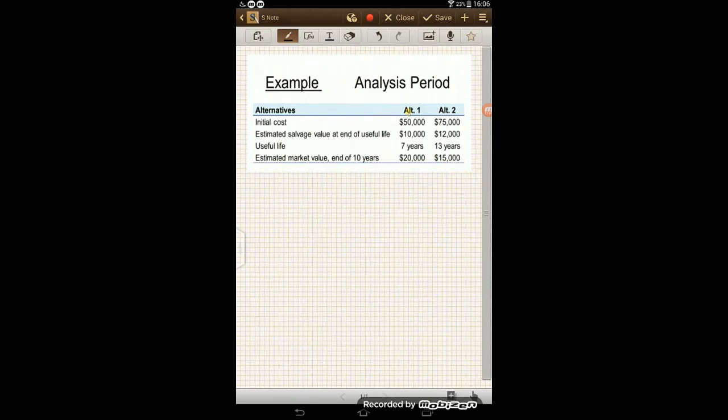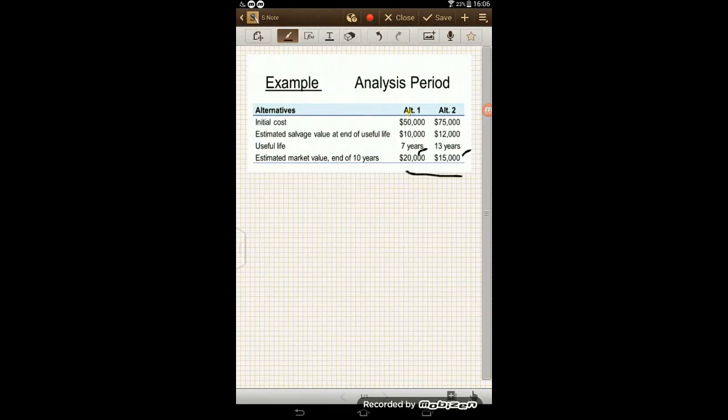So, and also there is a terminal value of 10 years. For this kind of question, if you use the previous examples' formula, like salvage value, the present value minus future value, and then add whatever we salvage multiplied by the interest rate, it is not going to work because it has different useful lives, and we are going to end up in 10 years.